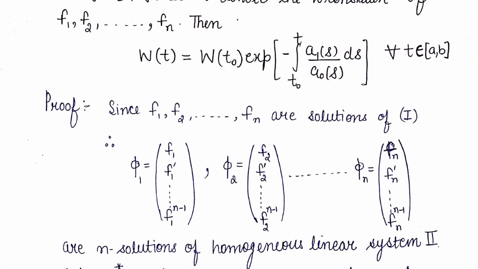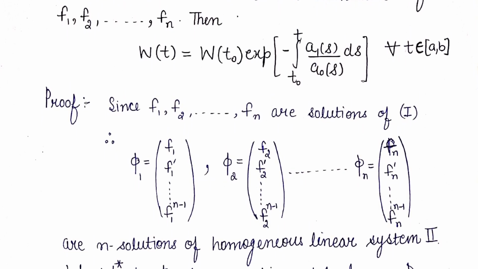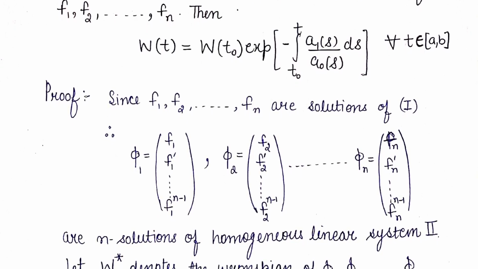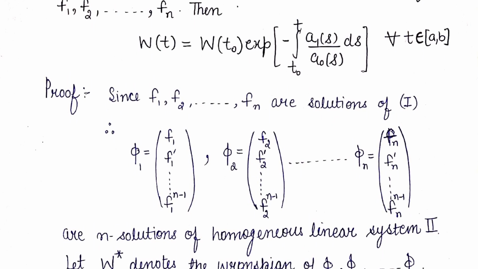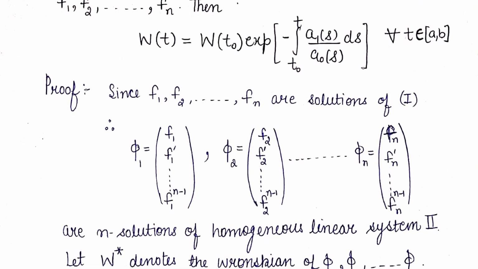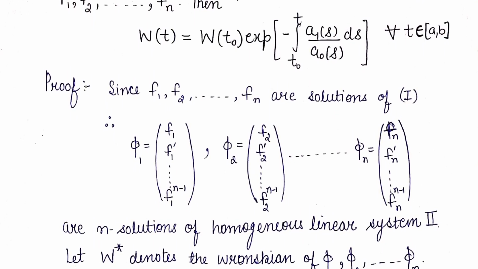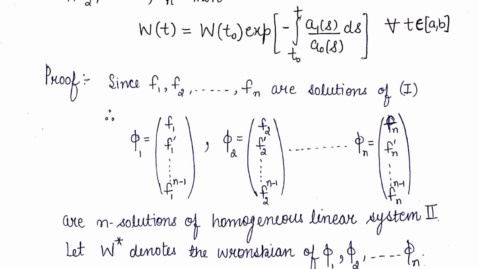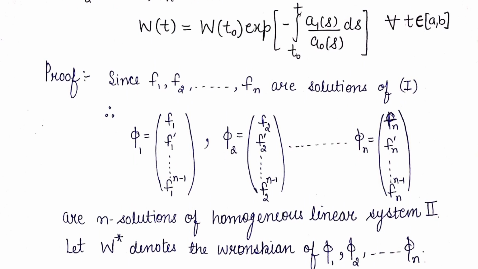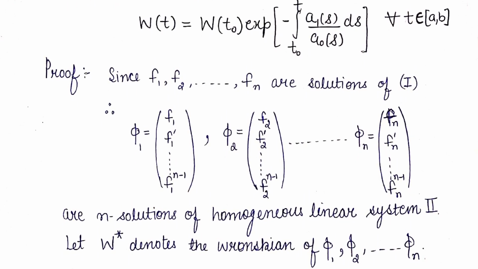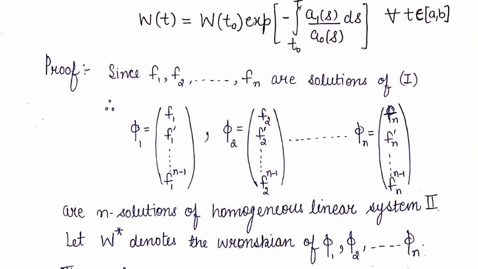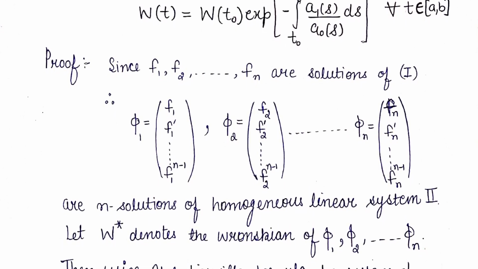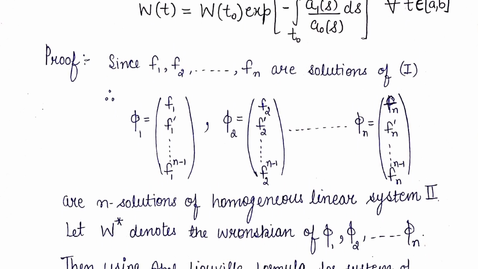Then the first component of phi1, phi2, phi n will be f1, f2, fn respectively. The second component will be f1 dash, f2 dash, fn dash respectively. And the nth component of the solutions phi1, phi2, phi n will be f1 n minus first derivative, f2 n minus first derivative, fn n minus first derivative respectively.